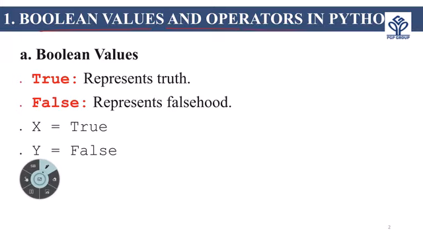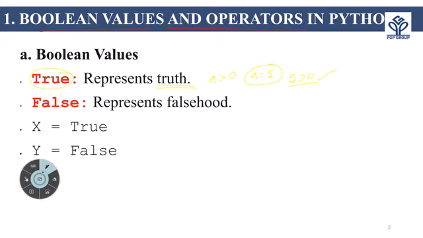Boolean values: there are two types of values used in Boolean. The first one is true, which represents truth. Assume the condition a greater than 0, and we assign a equal to 5. Is 5 greater than 0 true or false?